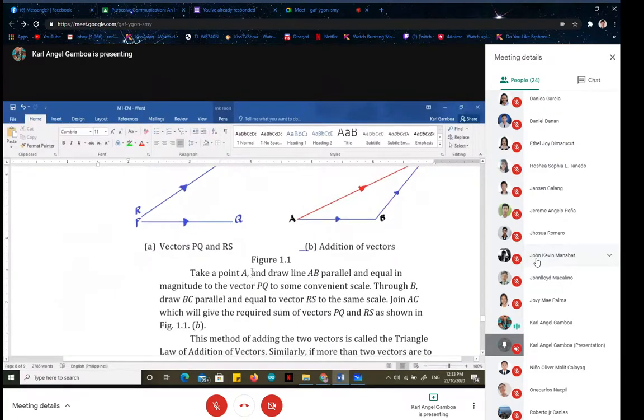Take point A, and draw line AB, in which line AB is equal to the magnitude of vector PQ.